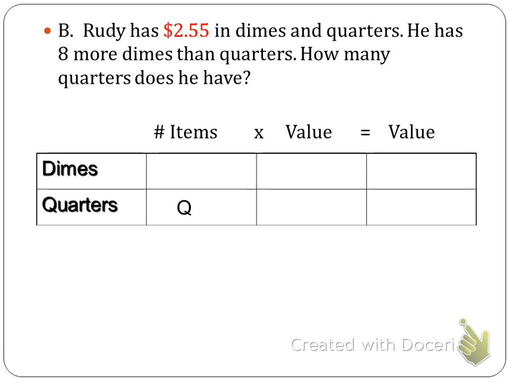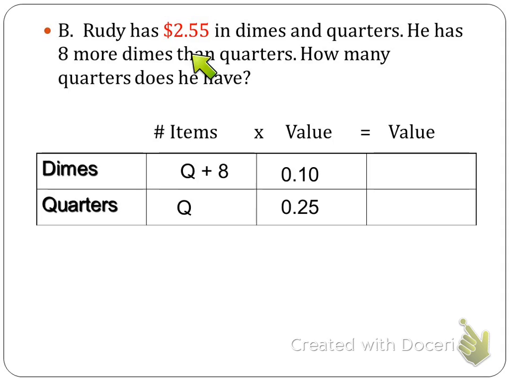All right, so if the number of quarters is Q, the number of dimes is, what did we say? Q plus 8, because you have 8 more dimes than quarters. What is the value of a dime? 10. Oh, that's a quarter. The value of a dime, don't write it in cents unless you want to change the overall value to cents, like 255 cents.